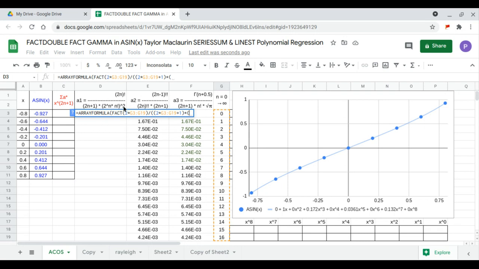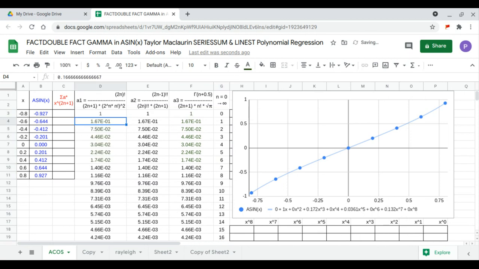So the first part is 2 to the power n times factorial n, and the whole quantity raised to the power 2. Then enter.